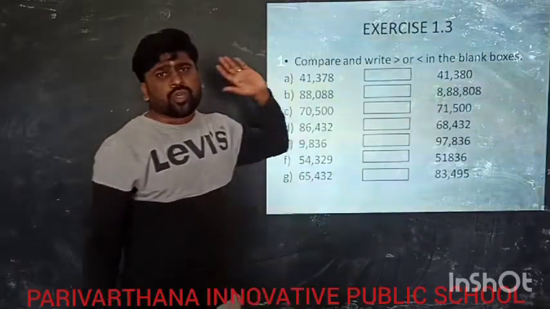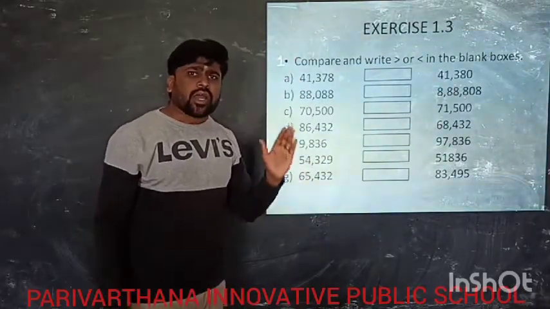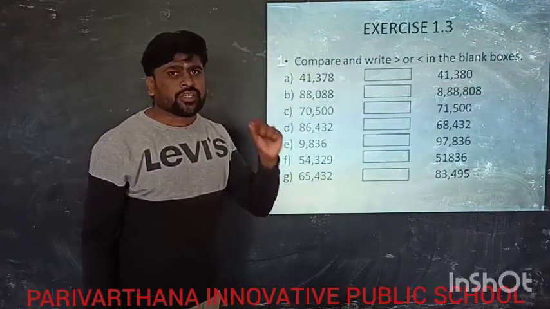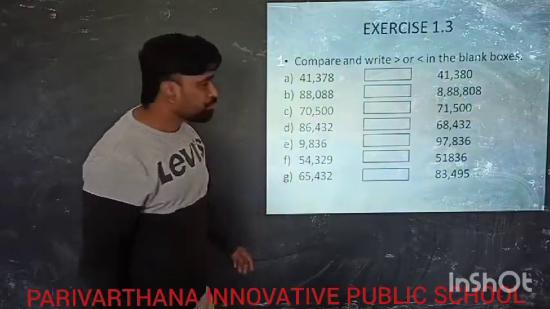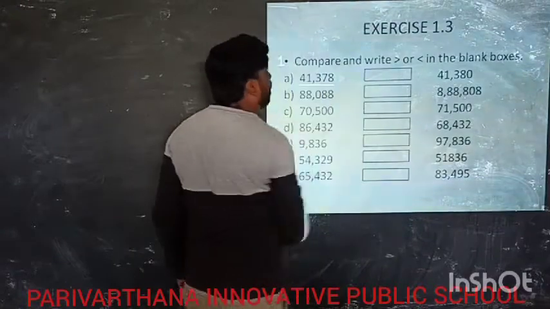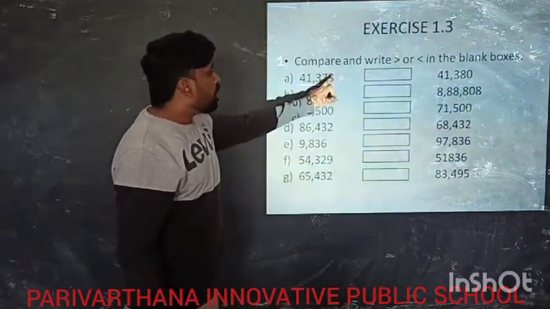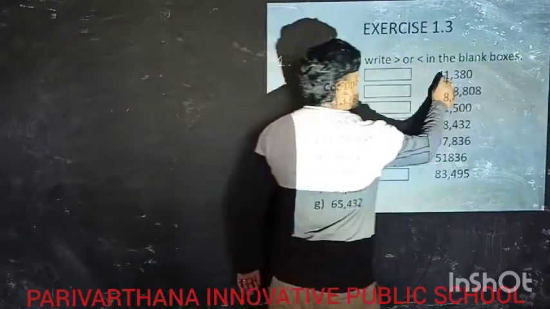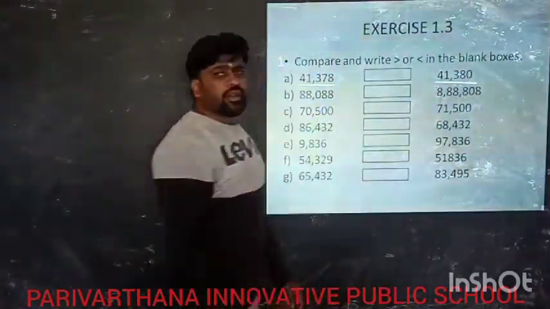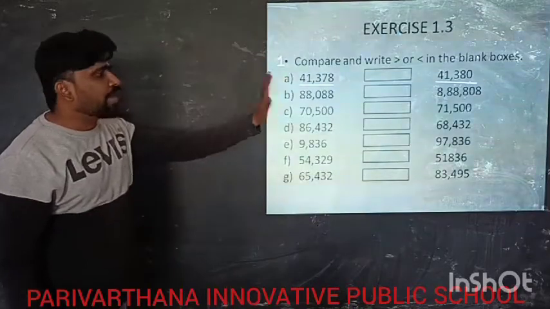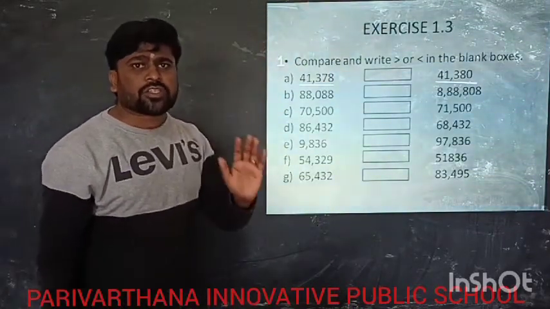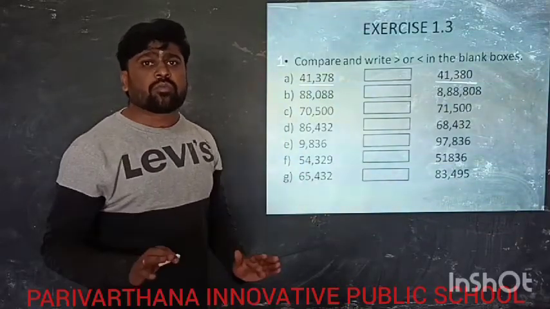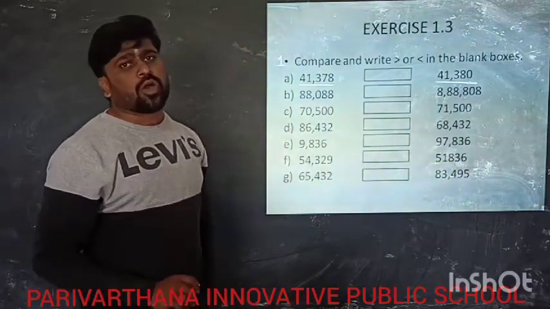First problem. You already know that regarding comparing numbers, first we count the digits. It is the first step. First count the number of digits: 1, 2, 3, 4, 5. The second number also has a total of 5 digits. With the first step, we cannot identify which is the big number and which one is the small number.